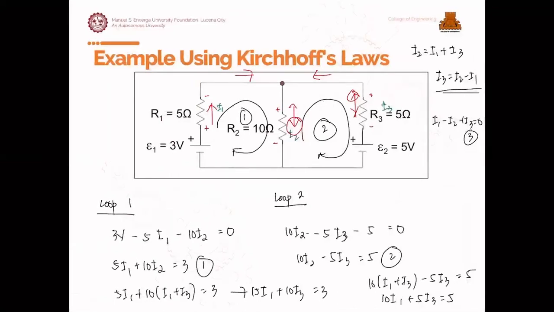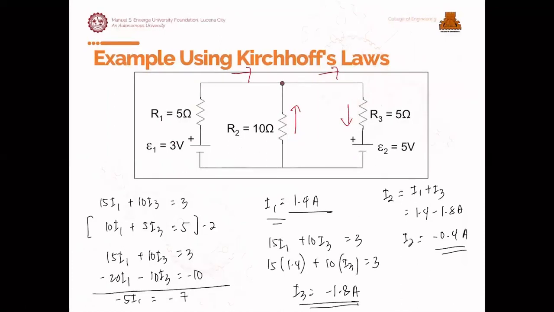Okay? So, ibig sabihin dito, ayan, so ito na yung tamang flow natin. Okay, 5 volts, 10 ohms. Okay. So, pag tinanong kung ano yung final answer for I3, it's 1.8 ampere, then 0.4 ampere lang. Kasi binago na natin yung sign.